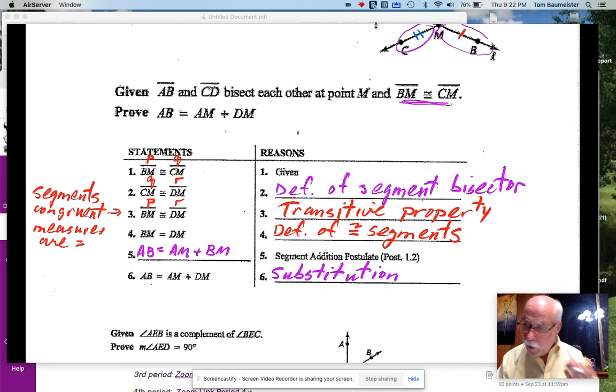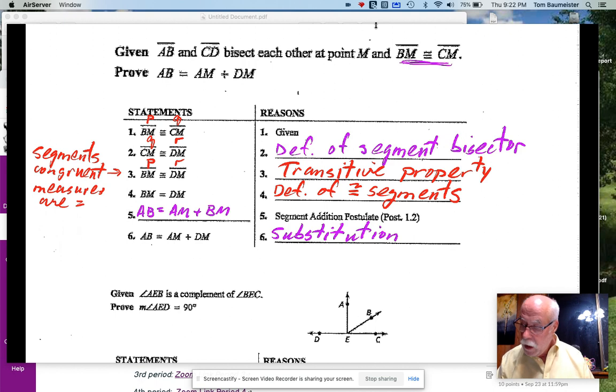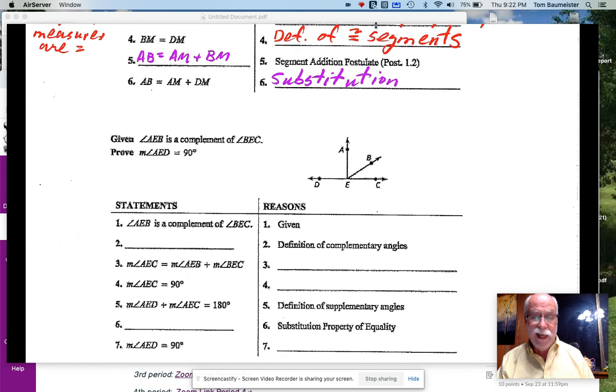I could have put substitution property of equality. You'll just be dragging and dropping. And these are ones I just found and cut and pasted on here so I could give you ones where you were filling in the blanks. I thought that was pretty fair.